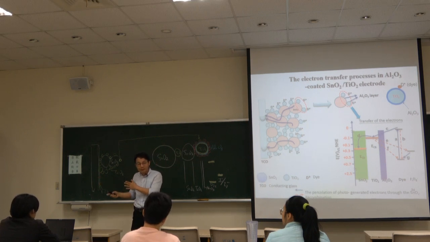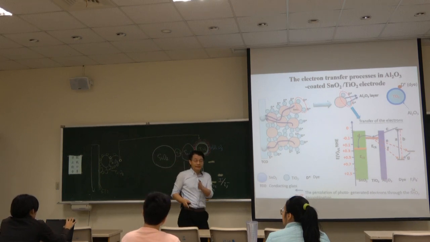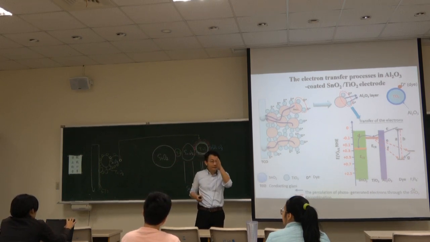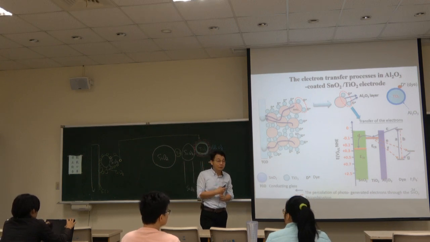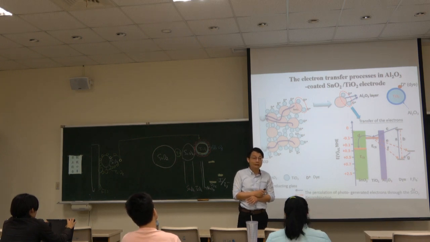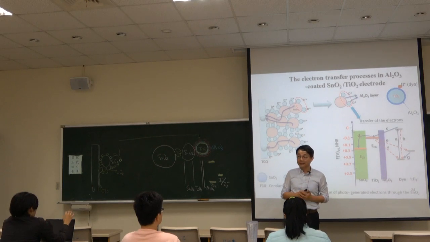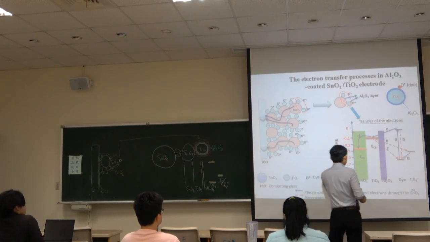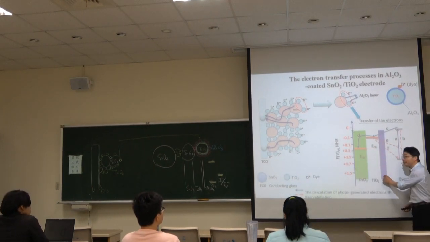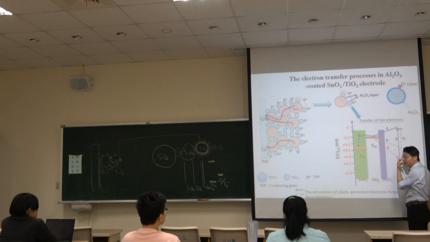But if this wall is very thin, in the quantum state, this thin wall can be penetrated, right? We call this the tunneling effect, right? Tunneling effect, quantum tunneling, 量子穿隧, quantum tunneling effect. So Al2O3 should be thin enough to make electron can transfer through this tunnel.